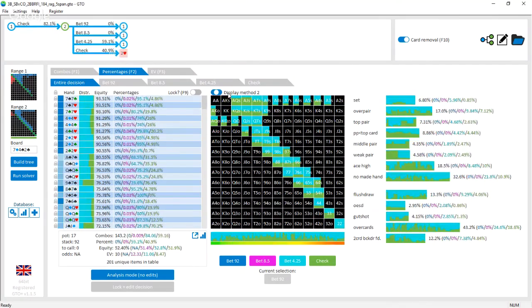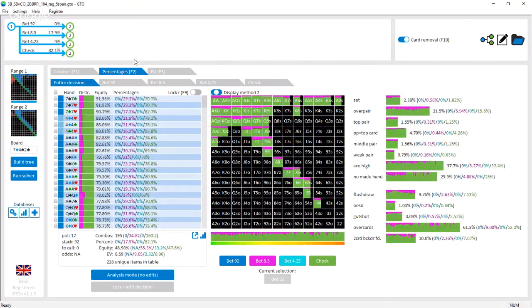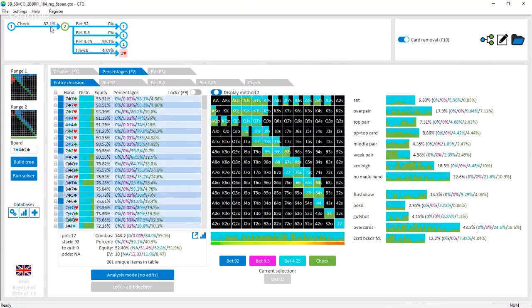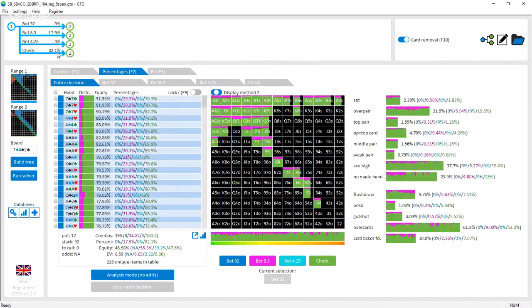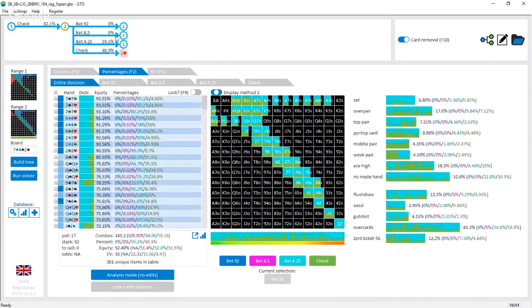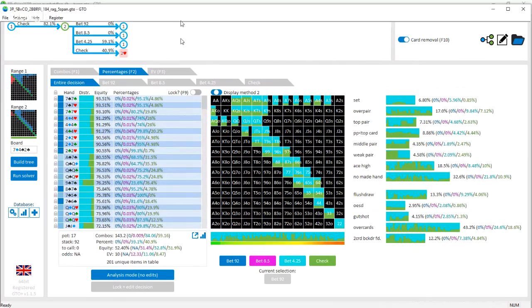And here, this is one of the spots where it doesn't necessarily apply because the in-position player is betting a smaller size than the out-of-position player. But you can still see that despite it, the out-of-position player is checking at a high frequency in order to prevent the in-position player from betting everything. Right? So this is one of the spots where it doesn't apply.